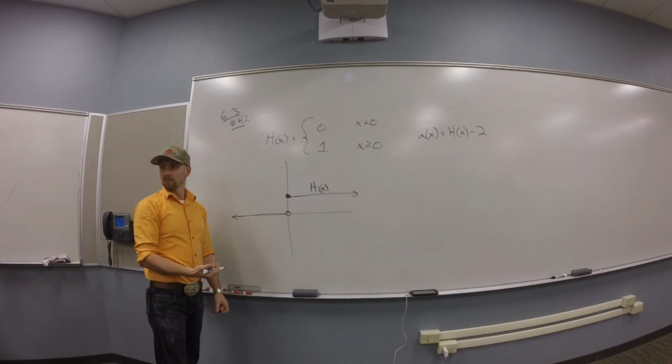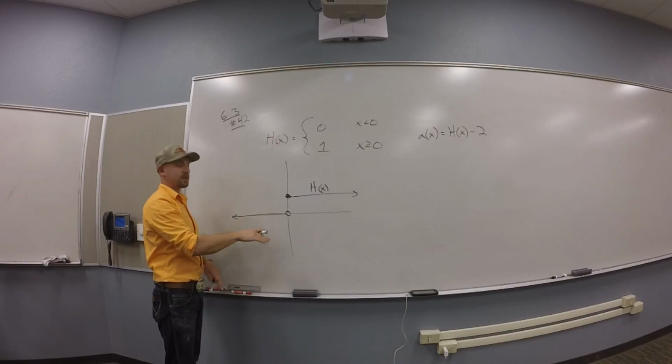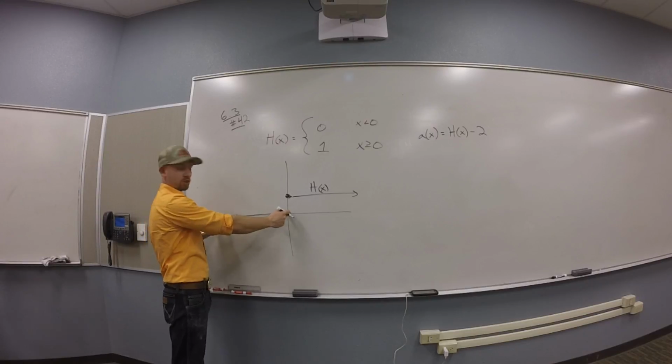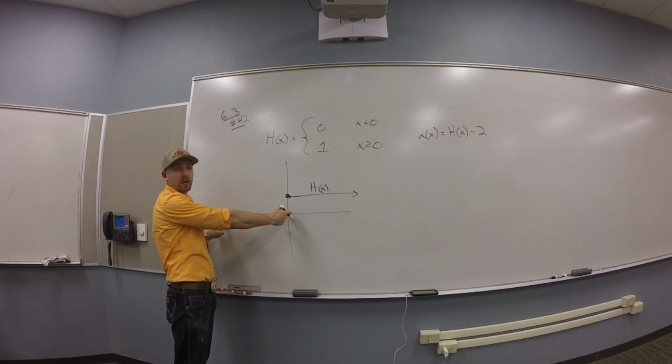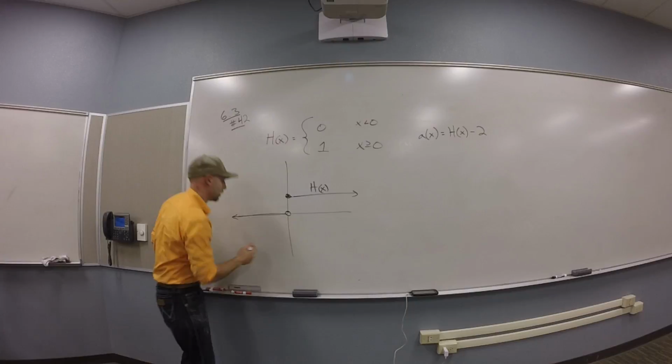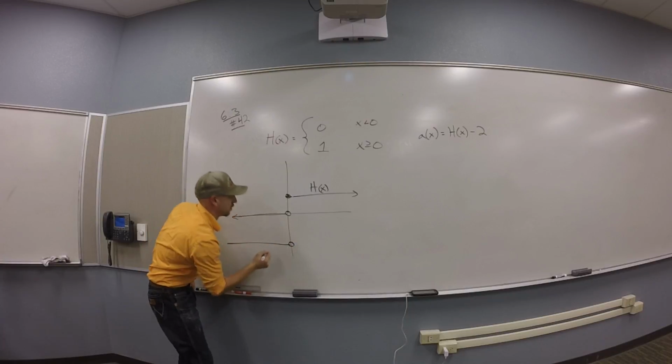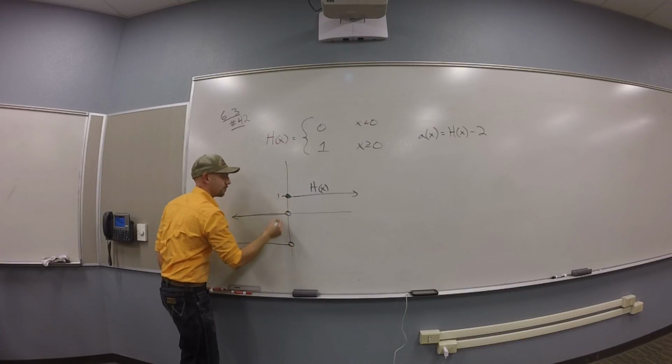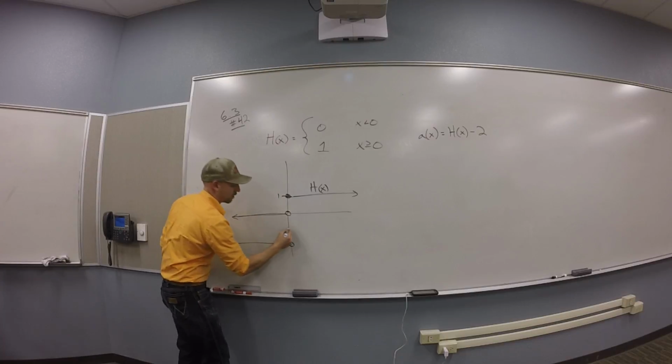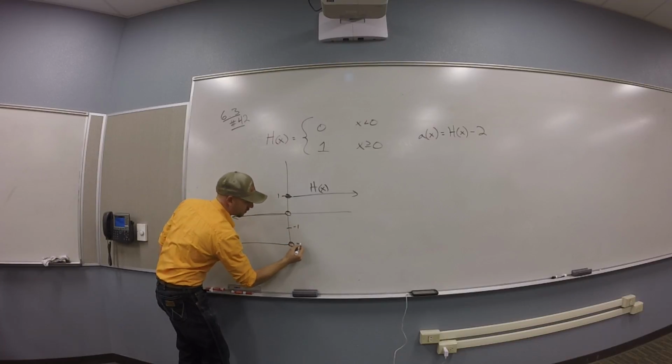Yeah, shift all the points down by 2. So take your two lines. I've got this one that's at 0, and after I shift down by 2, it's going to be at negative 2. So maybe I should label: 0, 1, negative 1, negative 2.